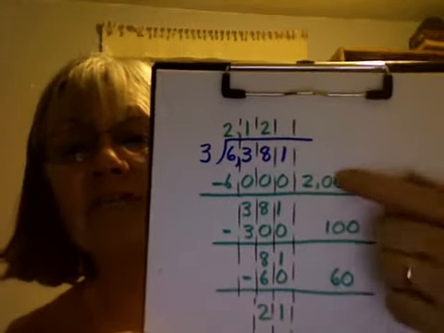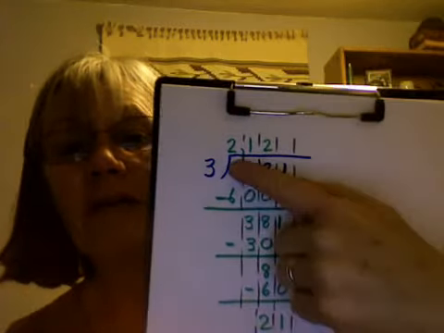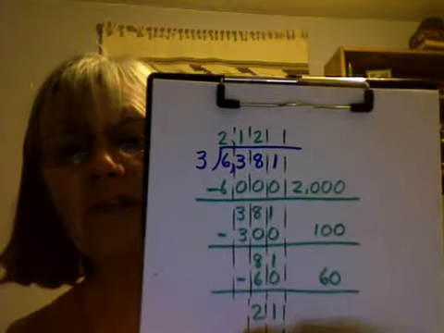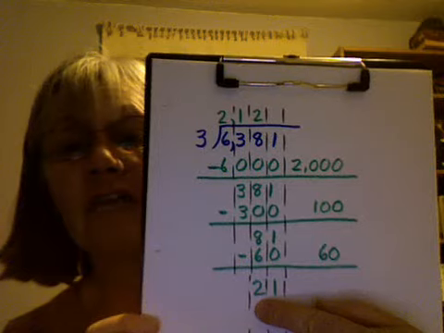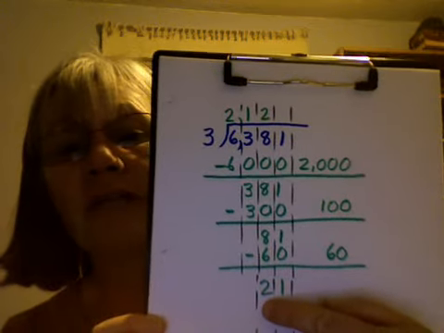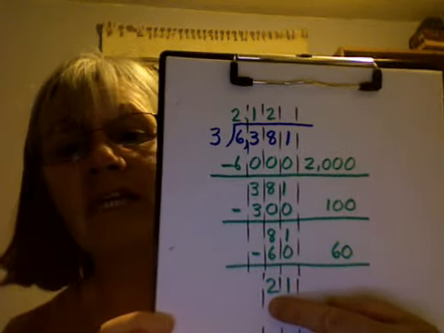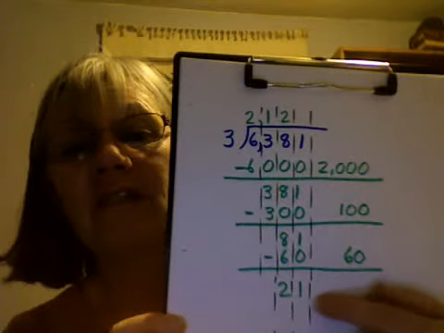We need to find out how many 3's there are in 21. We have 20. We have 2 10s left that we'll need to regroup. So we're asking about dividing 3 into 21. I'm pretty sure that you know that 3 times 7 is exactly 21.